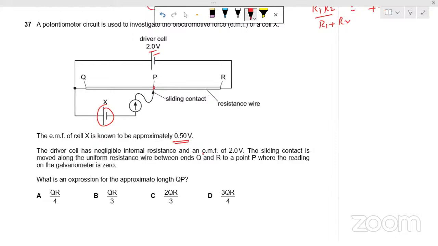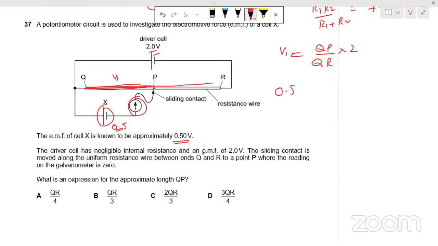So this voltage is 0.5. If the galvanometer shows 0 reading, then the voltage across this part of the wire is equal to the voltage across this source. Let's say the voltage across this part is V1. As the galvanometer shows 0 deflection, V1 is equal to the length of wire QP divided by the length of wire QR times this voltage 2.